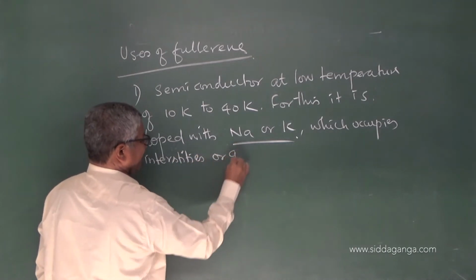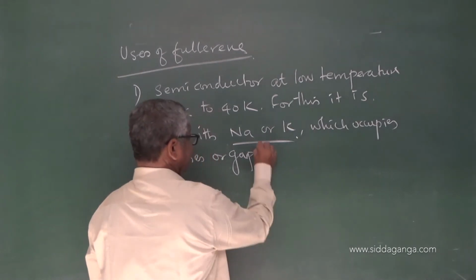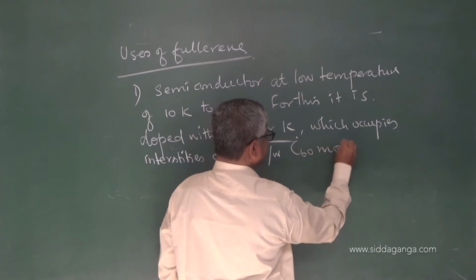Interstices are the gaps between C60 molecules.